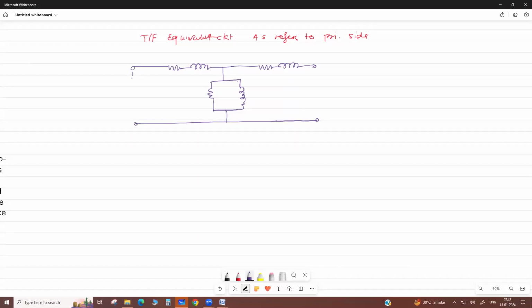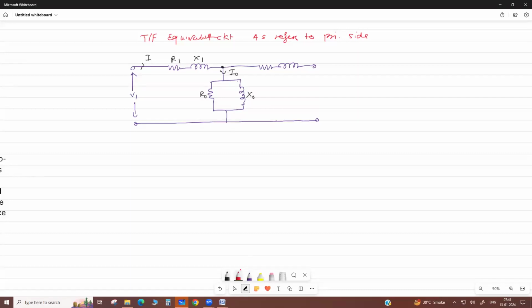Here we apply the voltage V1, rated voltage at rated frequency. Then there is a current it takes, but this is R1, X1, and at this node, R node, X node.